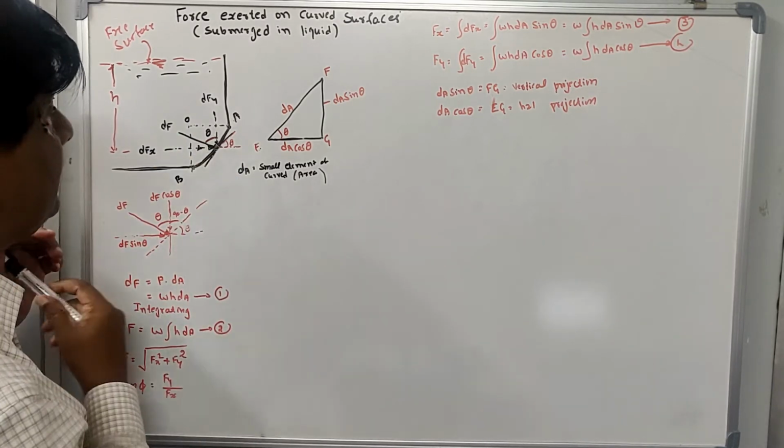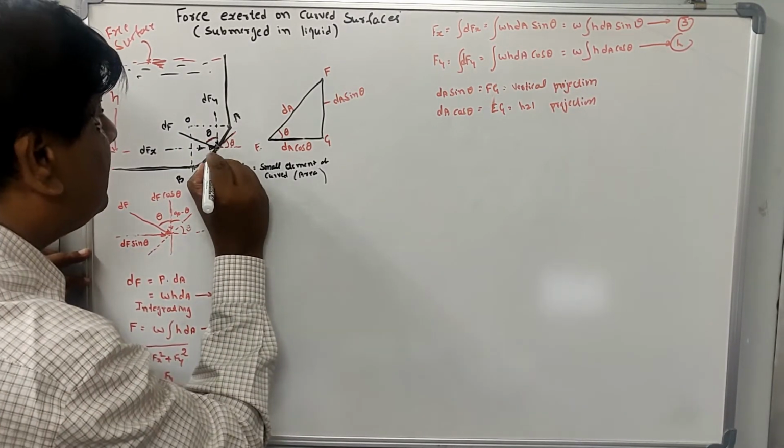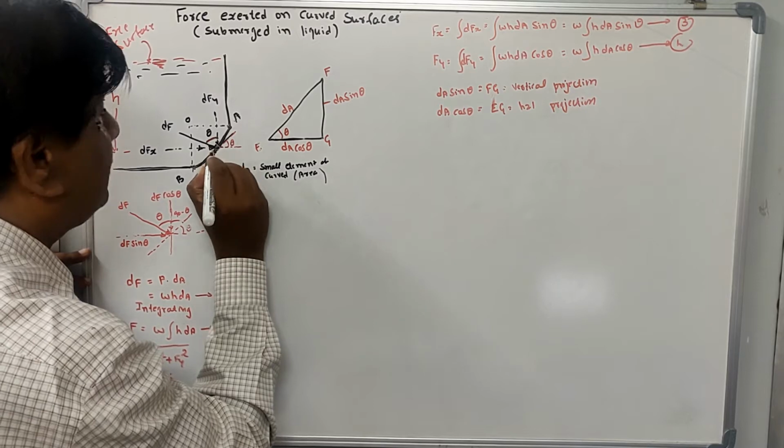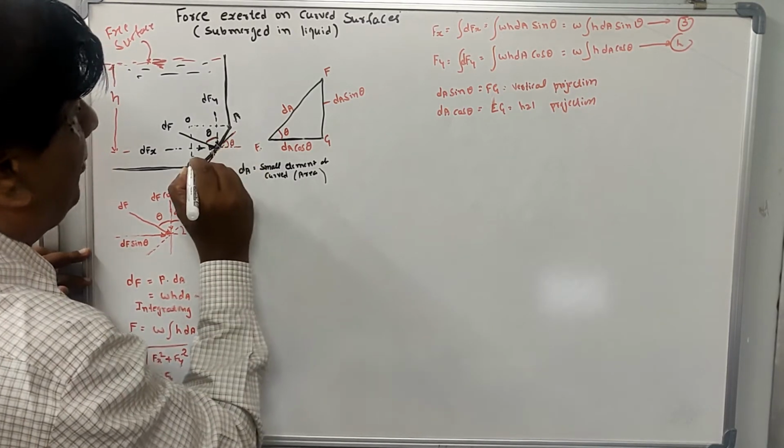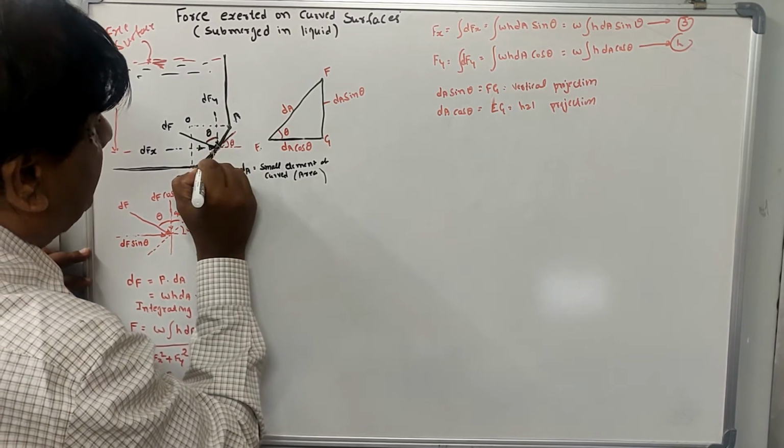Let us take another strip on this curved surface, and this is the normal, and this is the tangent.